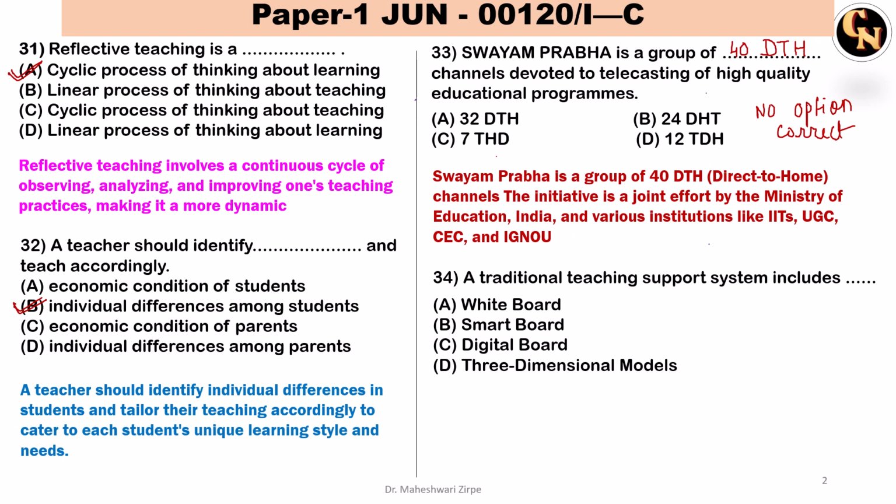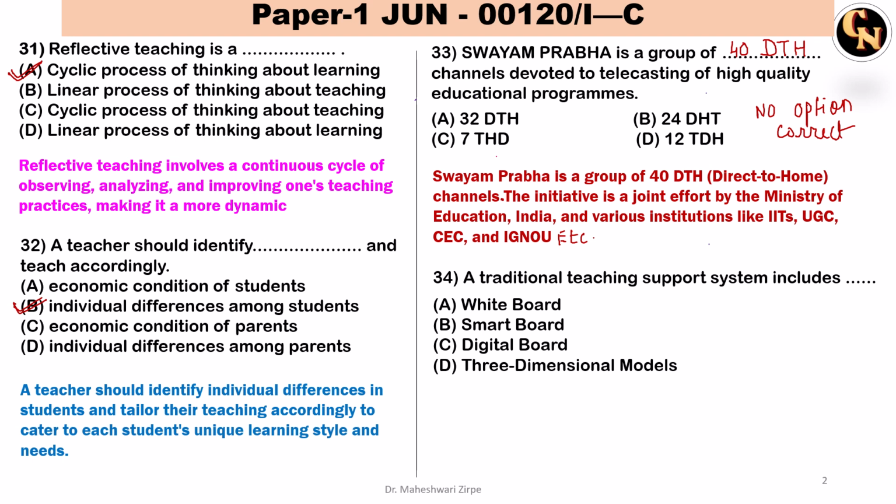Swayam Prabha is a group of 40 DTH channels, and this is an initiative by the Ministry of Education, India, with institutes like IIT, UGC, IGNOU, etc. For such institutes jointly, the Ministry of Education took the initiative, which is known as Swayam Prabha.